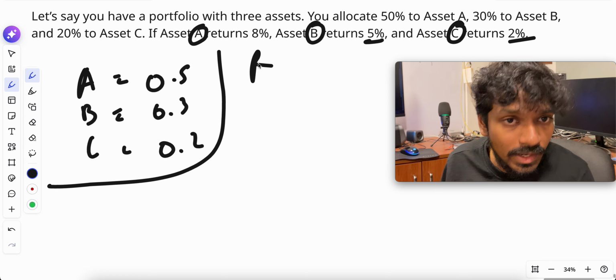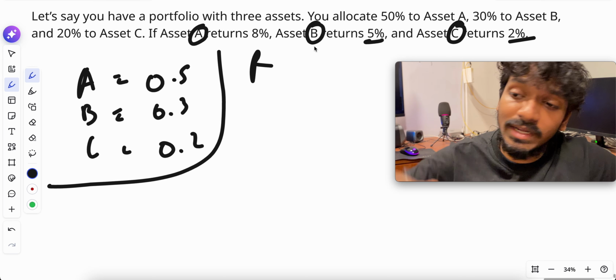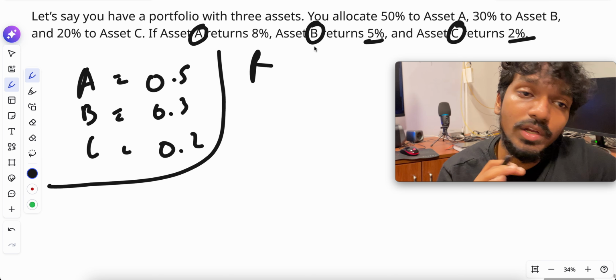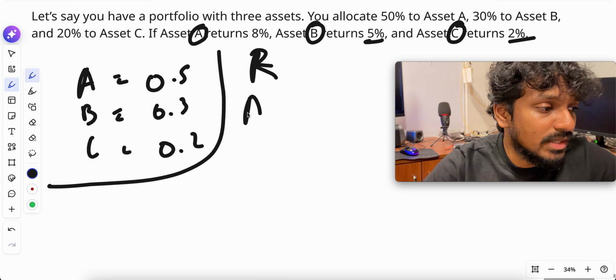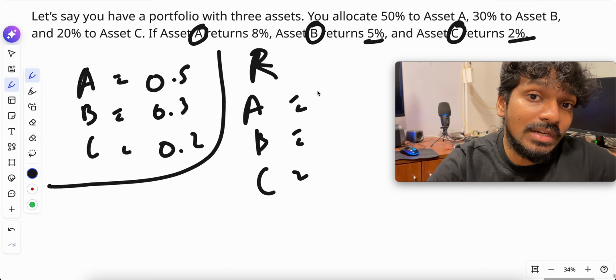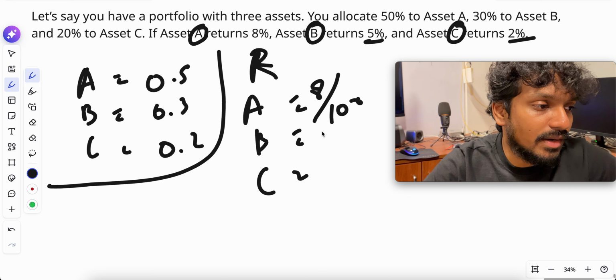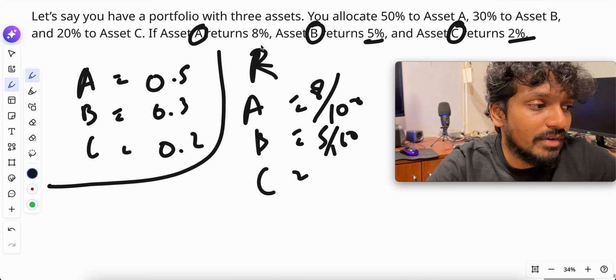Even if you are in a coding part, even if you're coding your final return, you should not directly add all the returns from all the assets you have. That is not at all going to give the proper result. So instead, for the total return, I'm going to find out the decimals for A, B, C. For example, 8 divided by 100, 5 divided by 100, because you would be asking from where I got 8.